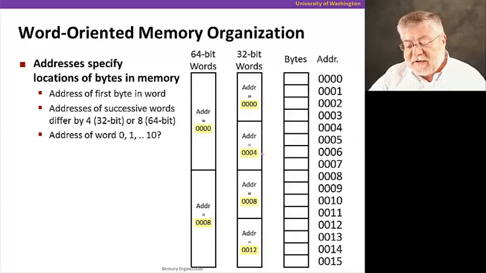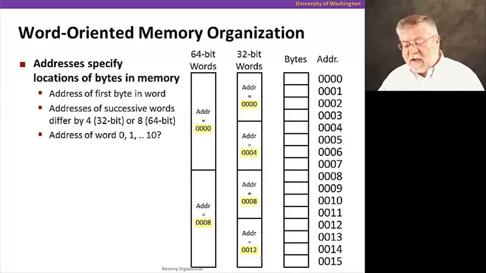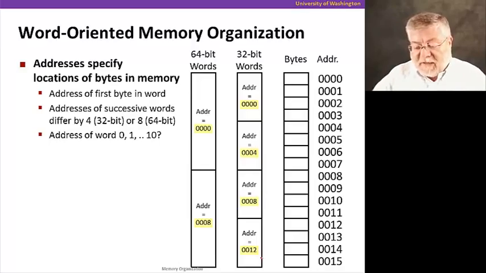The next word's address, though, is 0004. And it doesn't make any sense to talk about the words between those at addresses 1, 2, and 3 because we're going to be grouping things in this 4-byte structure. So we want to move on to the next 4-byte structure. So the next address will be 4, the next address will be 8, the next address after that will be 12, and so on. And these are in base 10.